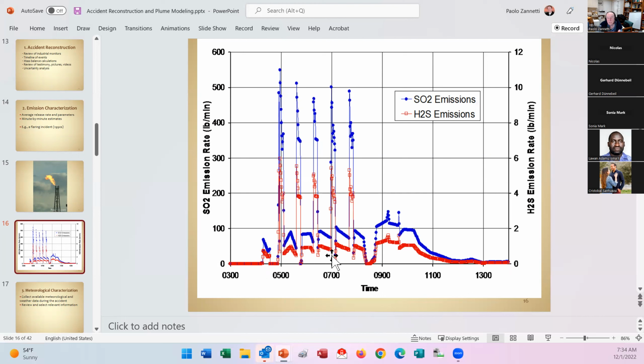So it's not an easy task to model because, for example, if I use a Gaussian plume model, the Gaussian plume models can only simulate 1 hour average emissions. Here, if you do 1 hour average, you sort of cut down these peaks.